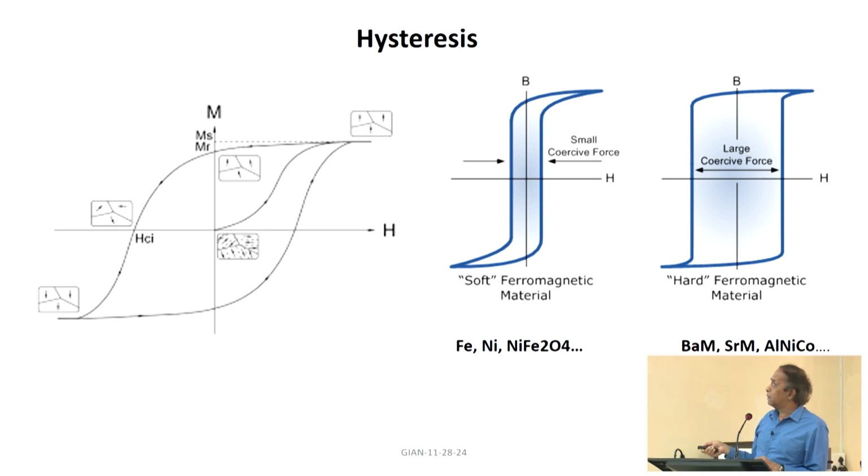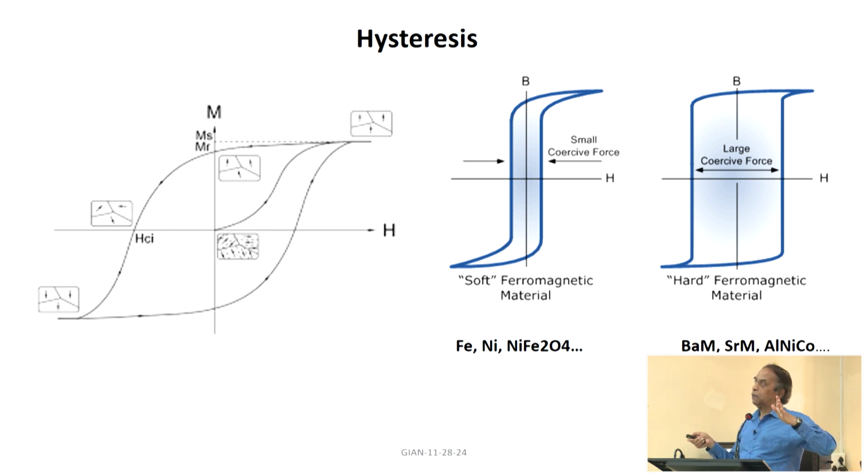Now, these are two different cases. One is a soft magnetic material, a soft ferromagnet, and the coercive force, or the coercive field, is the field where you can make the magnetization go to 0.